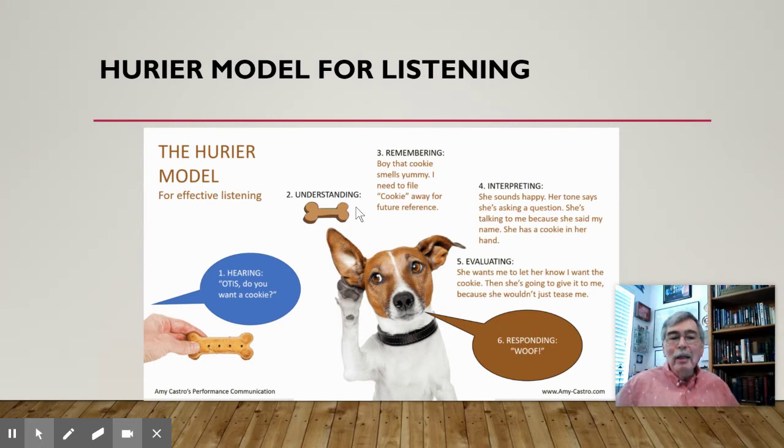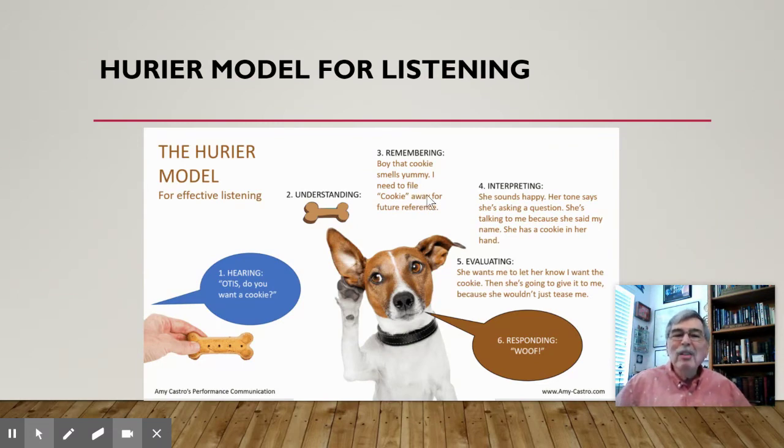He recognizes the word cookie. All right. So the lady has his attention. Okay, he's actively listening now. But he hears the word cookie and he immediately remembers, I've had these things before. I remember that word. Cookie means something good to eat.